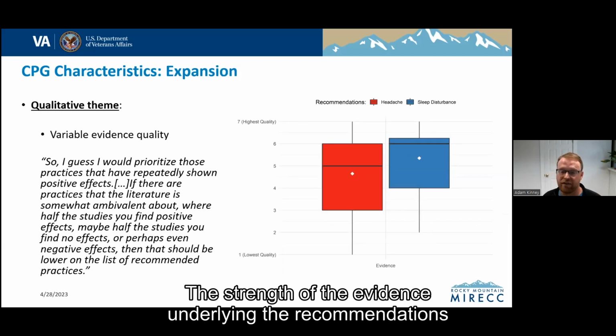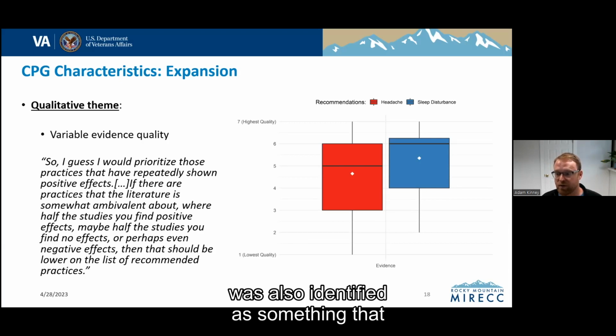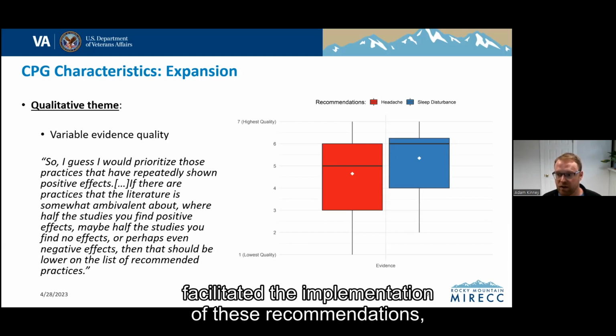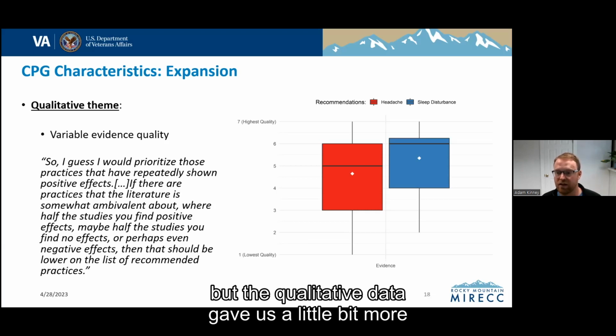The strength of the evidence underlying the recommendations was also identified as something that facilitated the implementation of these recommendations. But the qualitative data gave us a little bit more nuance around exactly what was going on.